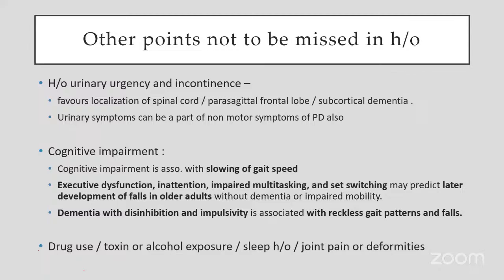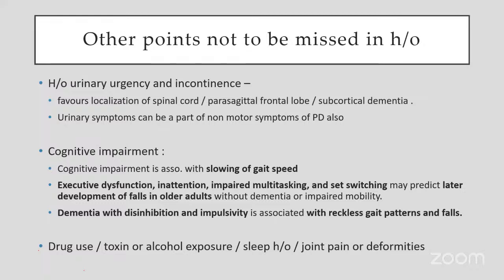Okay, then what about Parkinsonian disorder? Sir, falls in Parkinsonism are mainly due to freezing of gait, postural instability, and festination, sir. In progressive supranuclear palsy, mainly the falls are posterior, that is backward falls.